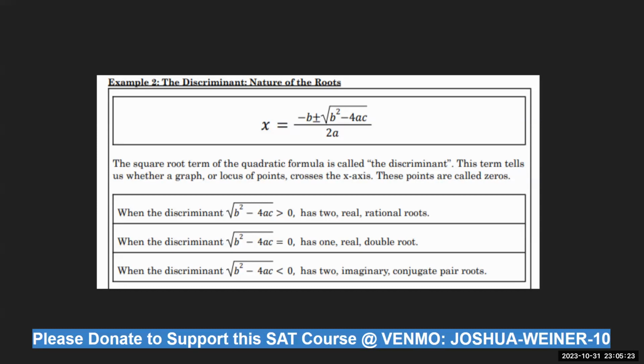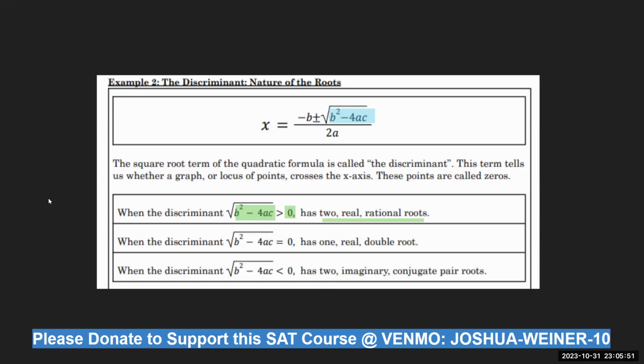Really what we're looking at is what's in place: b squared minus 4ac. And something amazing happens here. If b squared minus 4ac is positive, greater than 0, then there are 2 real rational roots.